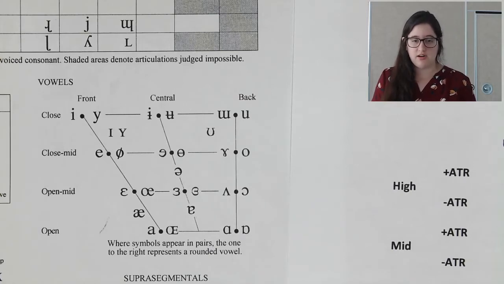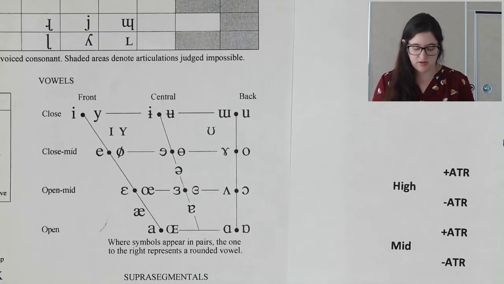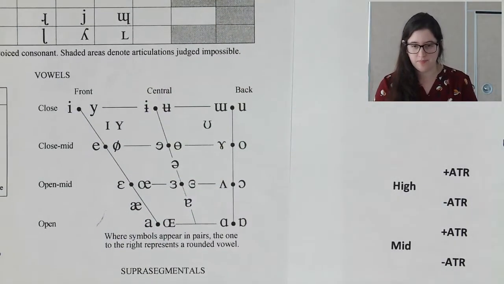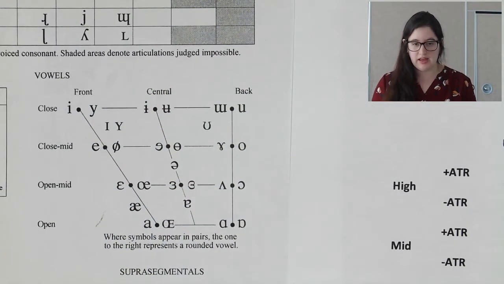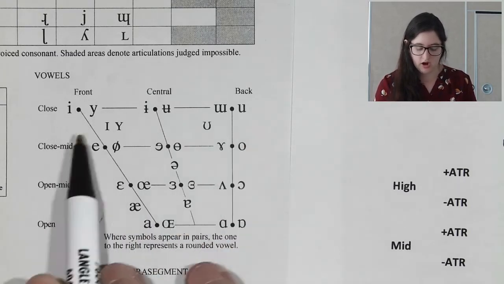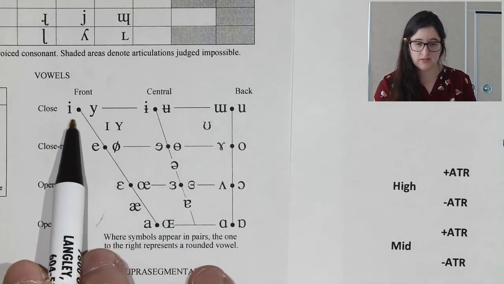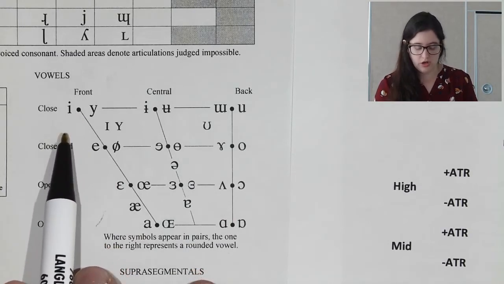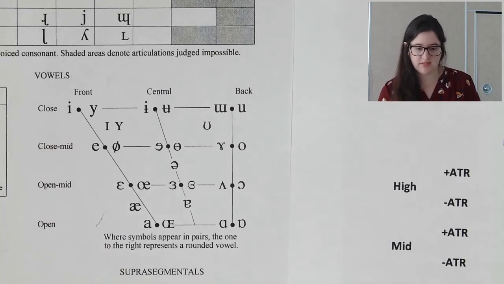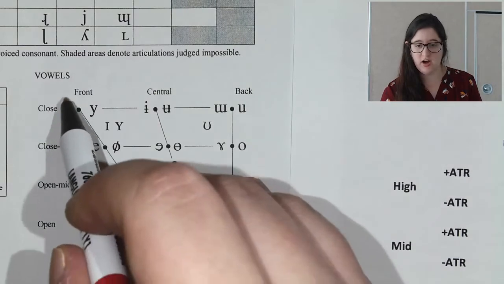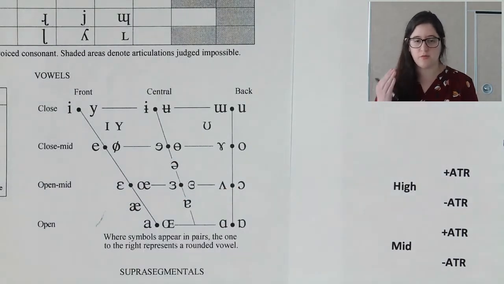Vowels are different. You can think of this entire vowel chart as a continuum. So even though we've identified particular points on it and we've given those points a symbol to represent that vowel, really that symbol represents a cluster of possible ways of pronouncing that vowel that are slightly different.